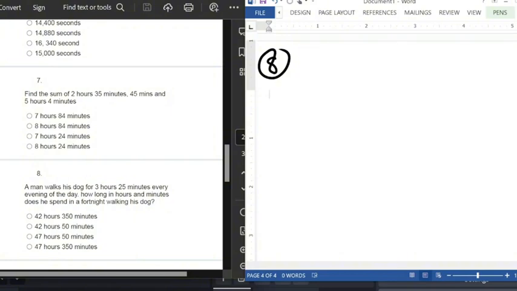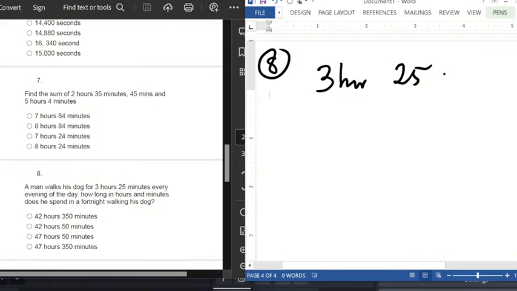The first thing to understand in this question is that a fortnight means every 2 weeks. That is 14 days. Now, on every one of the 14 days he spends 3 hours 25 minutes every evening walking his dog. So how many hours will everything be, and how many minutes? Which means we are multiplying 3 hours 25 minutes by 14 days.